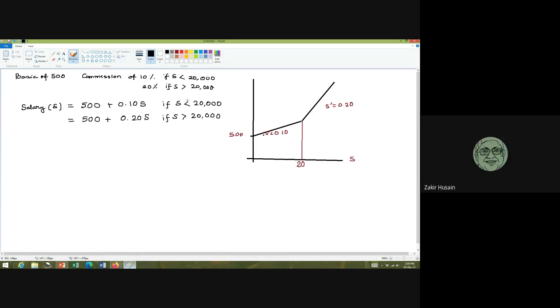Is it continuous? So we don't know what is happening when it is equal to 20,000. Yeah, so that means if you just blow it up, it will be something like this. So we don't know what the income is at 20,000. That is one problem. And next, there's also a kink.